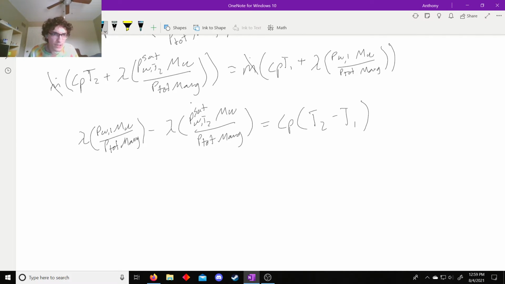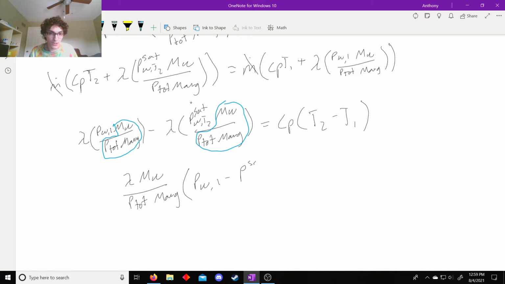And we can actually factor that out. So what we will have is something that looks like this, where we have the partial pressure of water at 1 minus the partial pressure of water at 2, which is the saturation pressure at T2, equals this heat capacity times T2 minus T1.